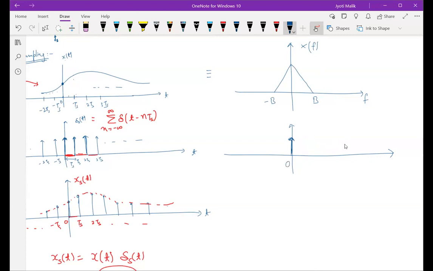Impulses will be like this: this is Fs, minus Fs, then there will be 2Fs and minus 2Fs, something like this. This is the frequency domain of the impulse train, delta s of f.